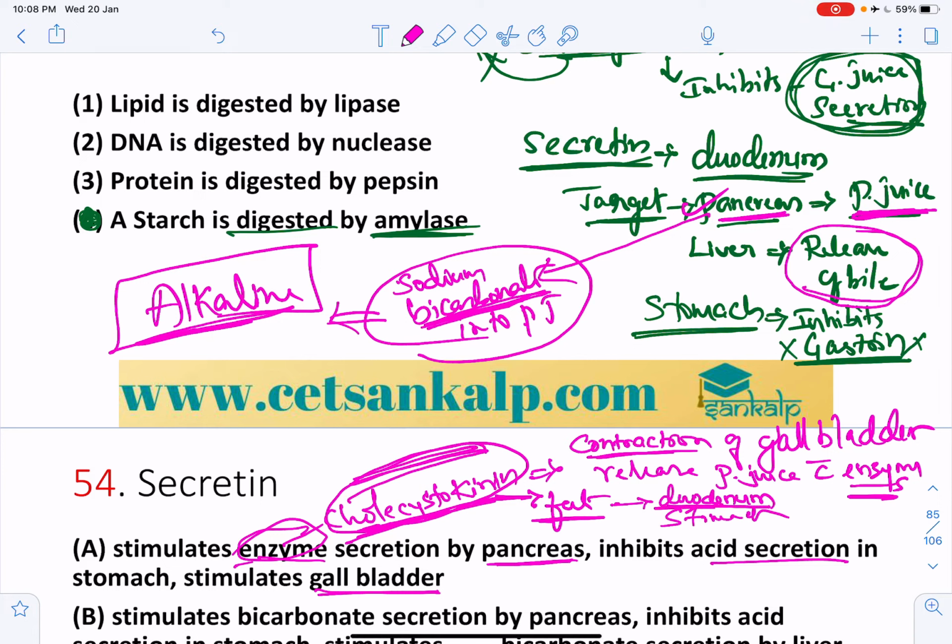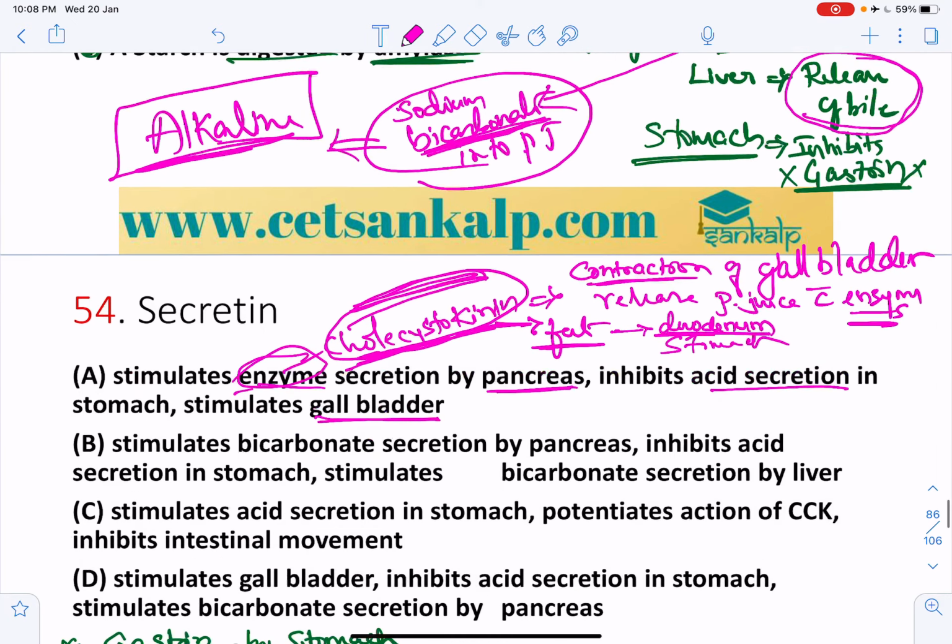So what is the stimulus for the release of secretin? When chyme enters the duodenum, then secretin will be produced.